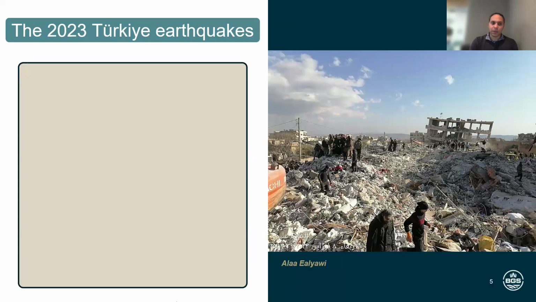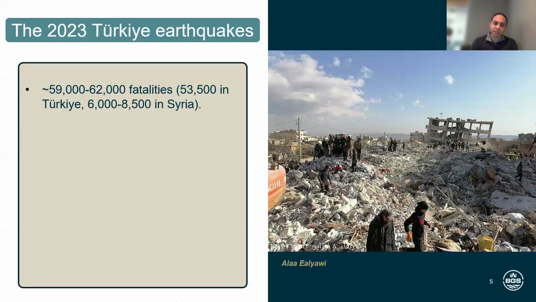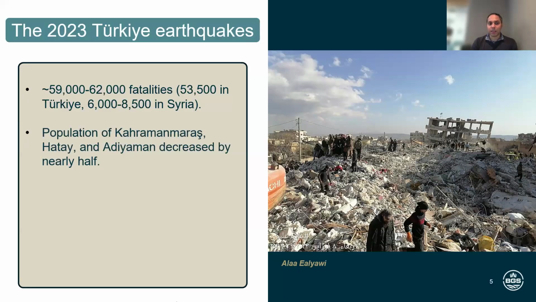So here are the high level numbers of what happened there. Around 60,000 people died, up to 62,000 possibly, in Turkey and northern Syria. Some of these towns, Kahramanmaraş, Hatay, and Adıyaman, were devastated, with potentially about half of all the population lost.